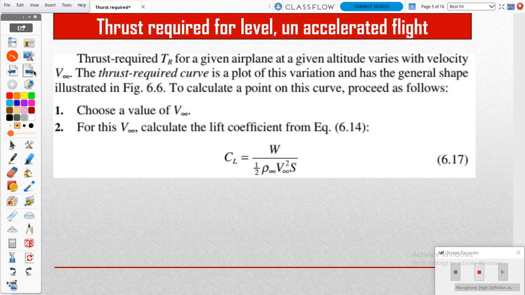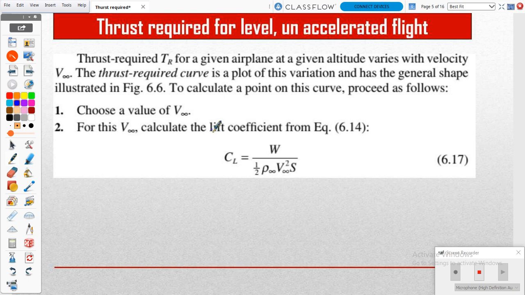Based on the curve for our aircraft, we can choose the velocity. At the same time you project one vertical line, it will hit the curve. After that we project the same point towards the vertical axis, so we can easily get the thrust required. But in our theory part, how to draw the plot is the task.